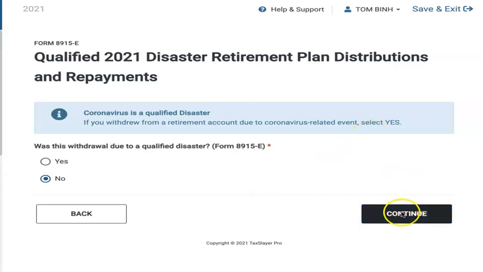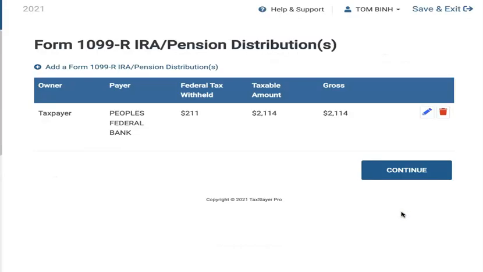So you click on Continue here, and you have this grid form, and we're done with looking at the actual input for the 1099-R. But one final point. When you click on Continue and you save a form, you are saving it in servers in Georgia. The information does not reside on your personal computer.